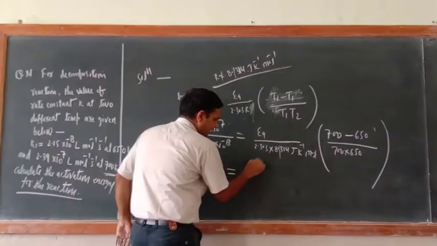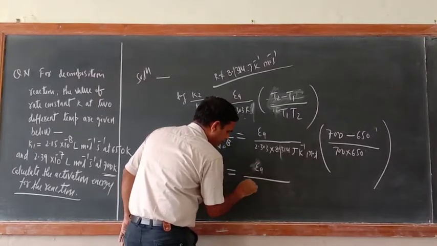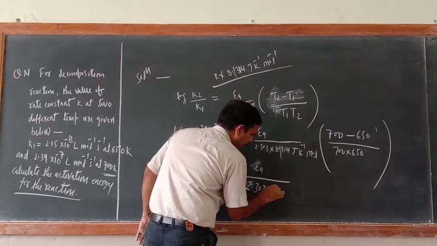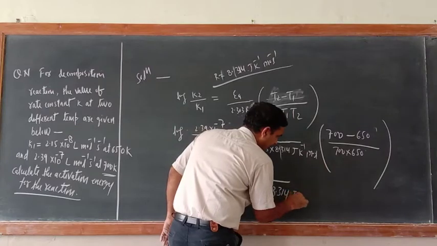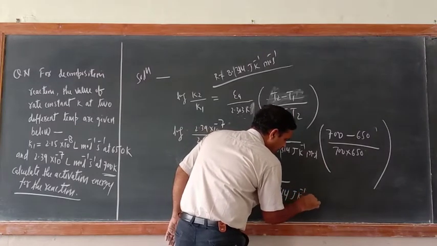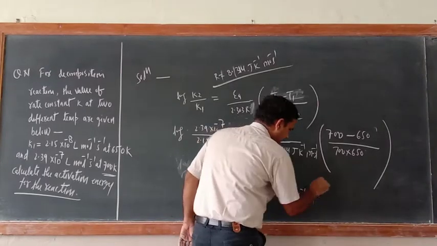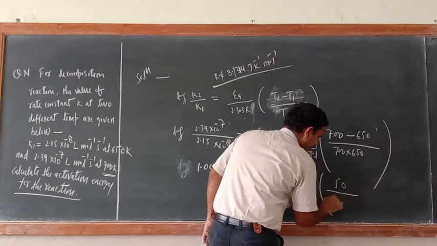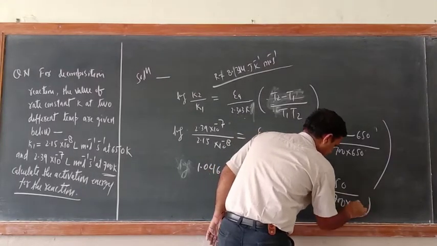Now here what is there? EA by 2.303 into 8.314 joule Kelvin inverse mole inverse. Now here what would be there? Into bracket, this is 50 by 700 into 650.